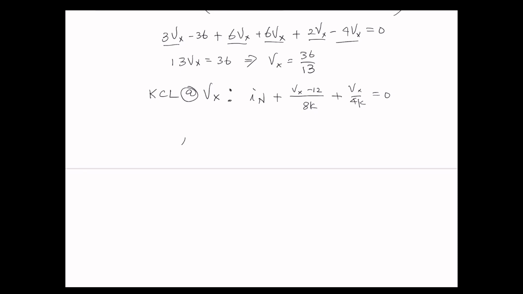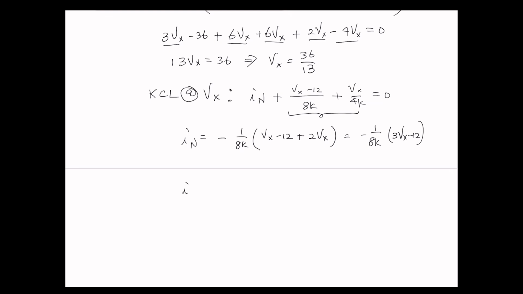So I sub n equals, combining these two, negative 1 over 8K times Vx minus 12 plus 2Vx, that is negative 1 over 8K times 3Vx minus 12.